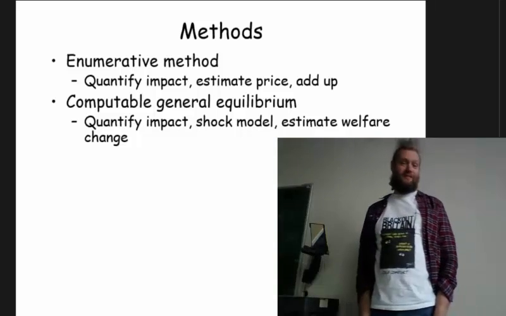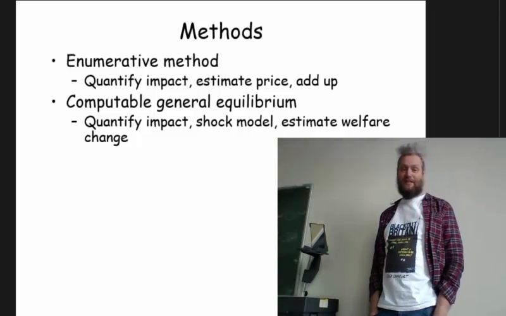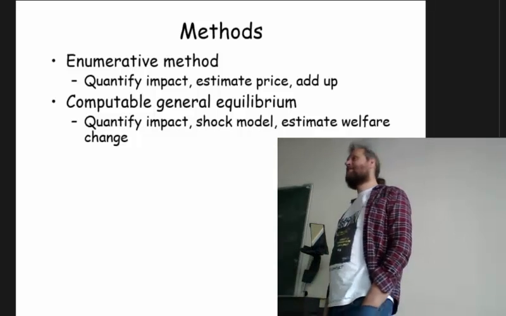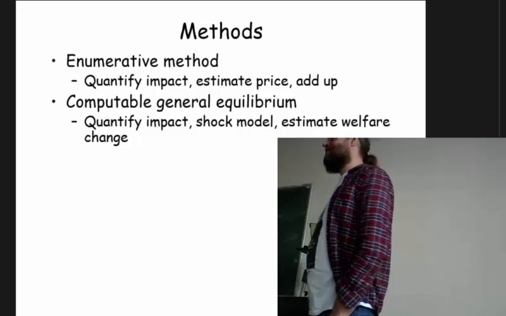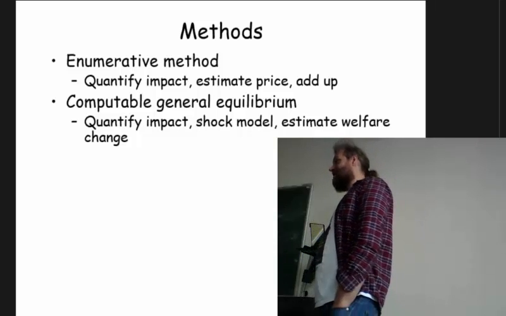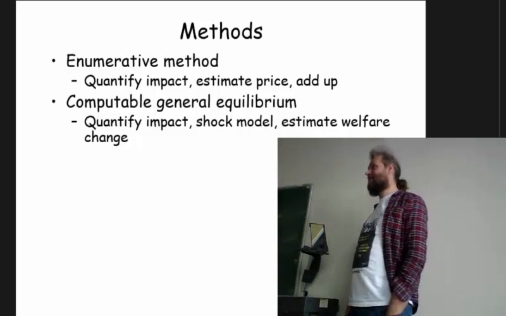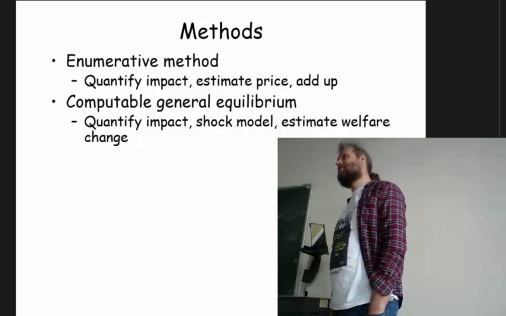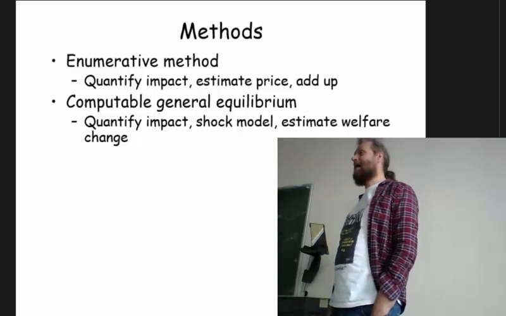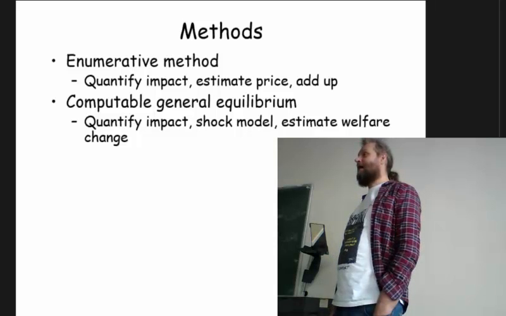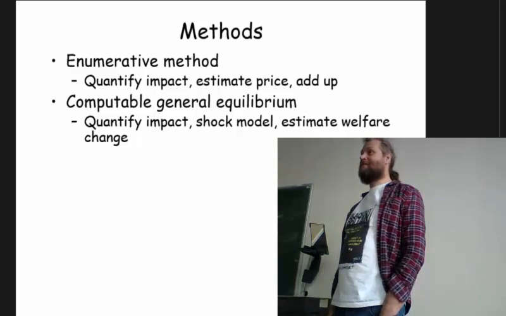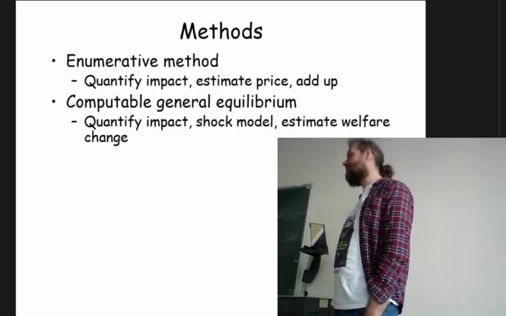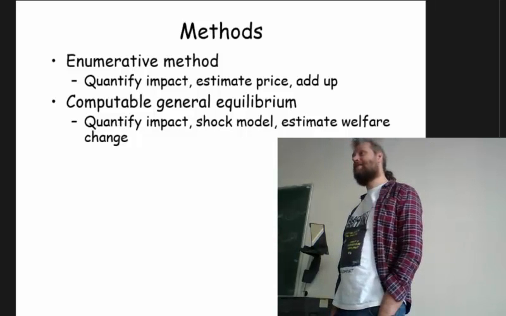For instance, a number of the studies that have used the enumerative method first estimate the impact of climate change on agriculture, and then separately estimate the impact of climate change on water resources, value the two of them, add them up, ignoring that 70% of freshwater use is in agriculture.